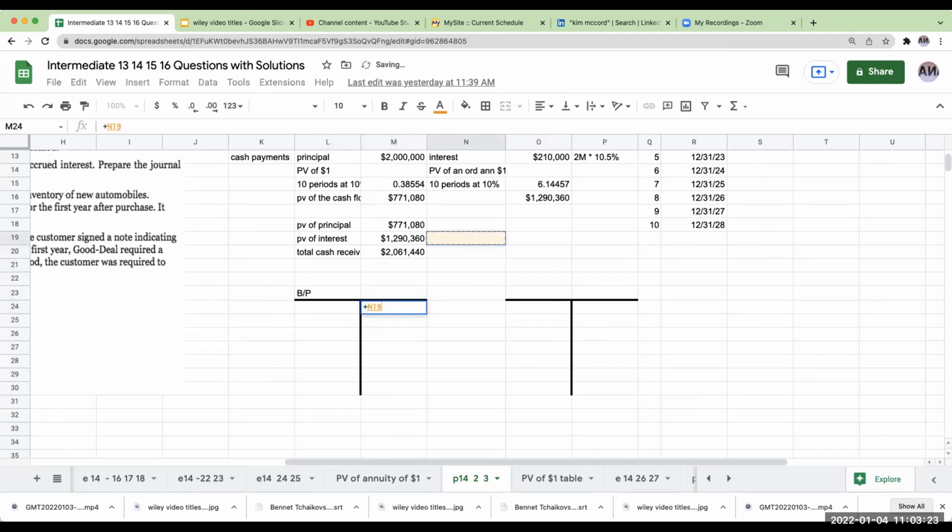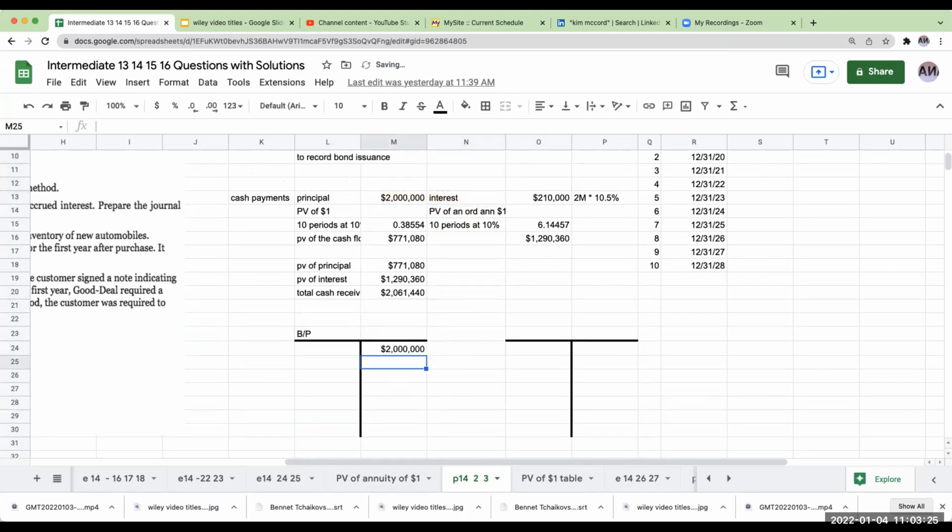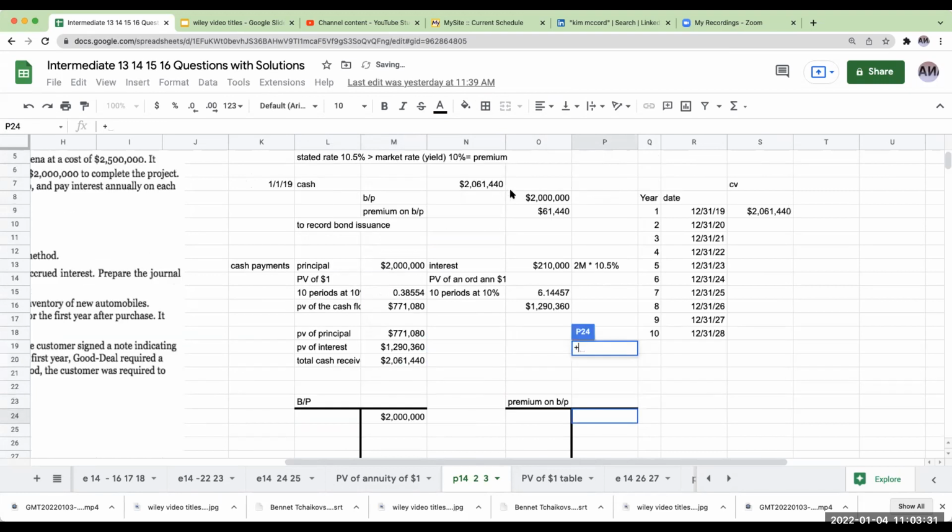So my bond payable over here is going to be at 2 million. My premium on bond payable will be a credit of 61,440, and this is on 1/1/19.